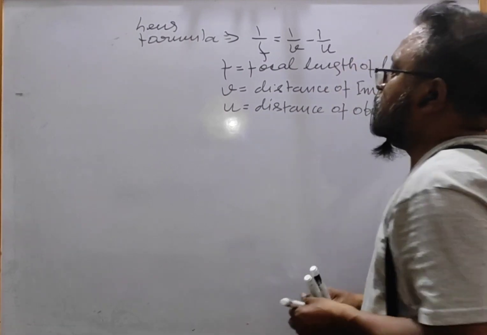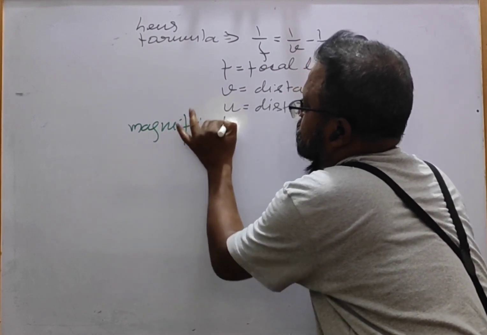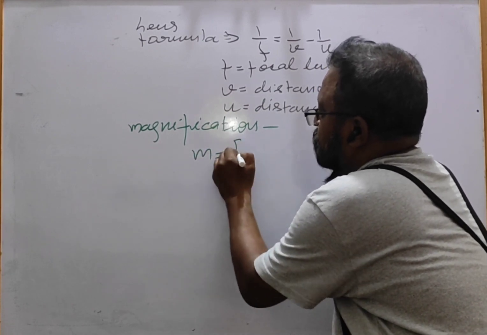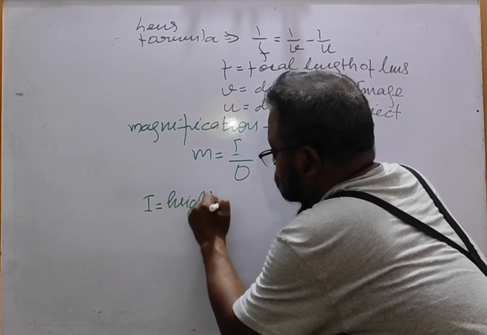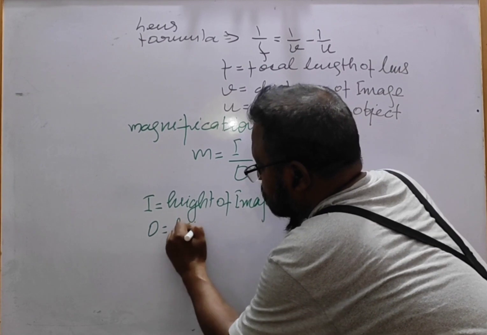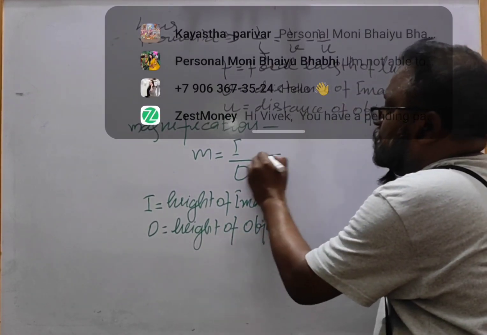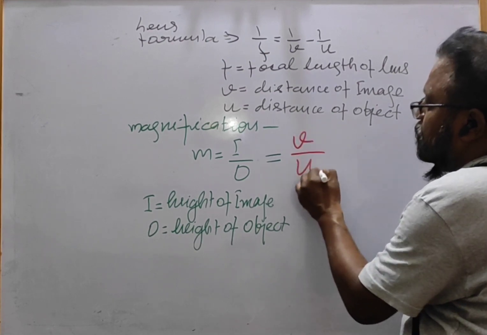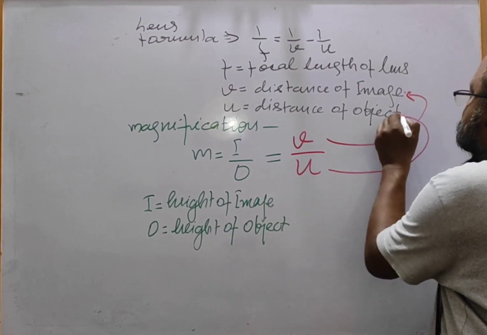Now for magnification, m is equal to I upon O, where I is height of image and O is height of object, fine, is equal to V upon U, where V is distance of image and U is distance of object.